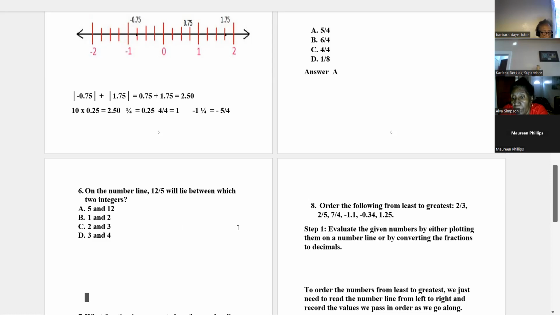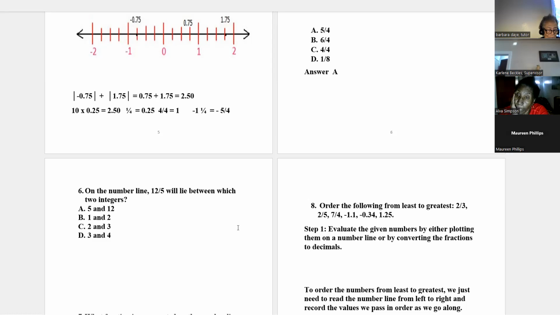Did you divide it? Alva, did you divide 12 by 5? 5 goes into 12 how many times? 2 times. Okay, and you have a remainder, right?